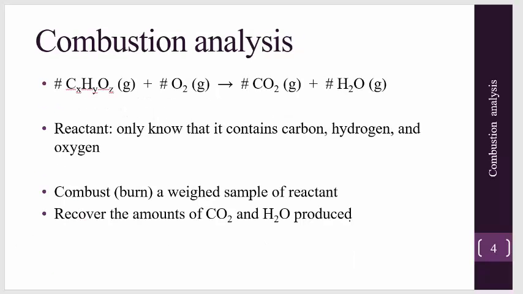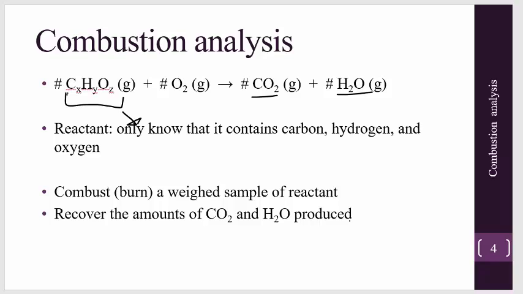We do combustion analysis reactions on samples that we want to know a little bit about. So here we have some generic reactant, but it does contain carbon, hydrogen, and oxygen. It's in the gas phase, and it reacts with oxygen gas to produce carbon dioxide and water products. So this reactant, we don't really know what it is.